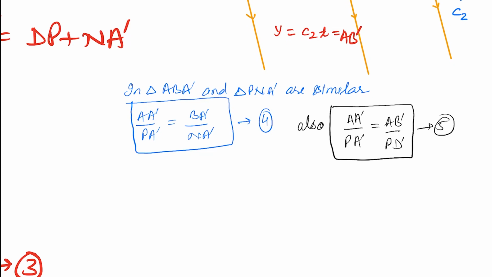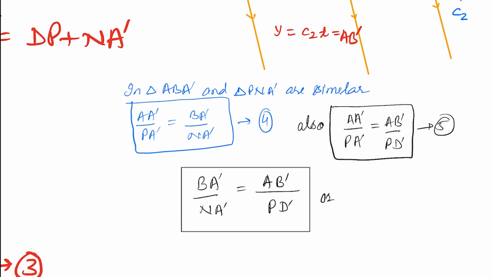So from relation 4 and 5 we get BA dash divided by NA dash is equal to AB dash divided by PD dash. Or we can write PD dash divided by NA dash is equal to AB dash divided by BA dash.